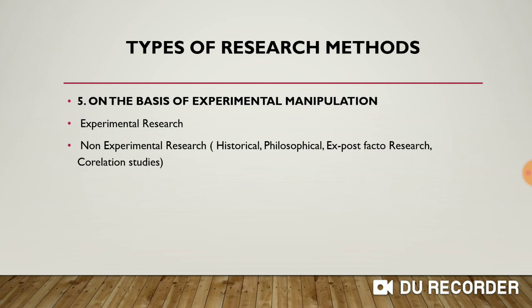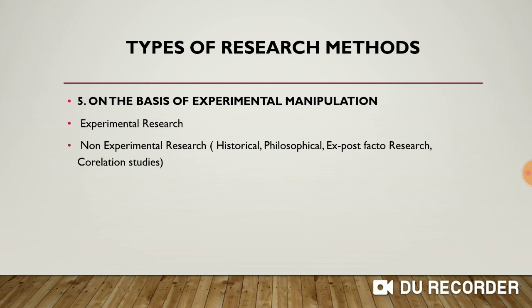It consists of experimental research and non-experimental research like historical research, philosophical research, ex post facto research, and correlation studies. So these are the various types of research methods normally used in research activity.